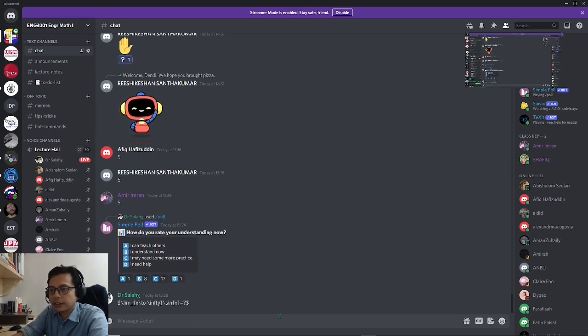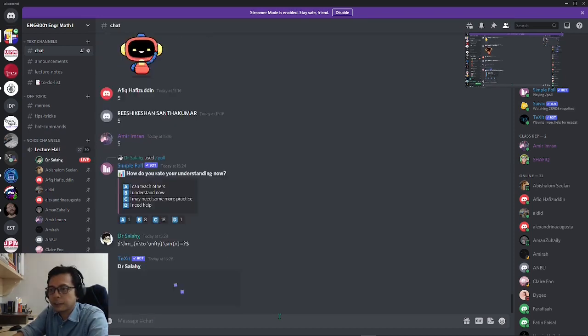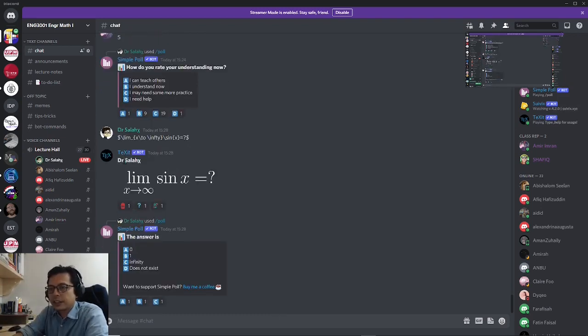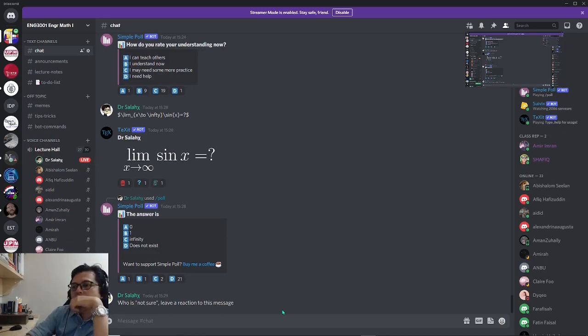So this is the question. What do you think it is? Given the function sine of x, what's the limit of the function as x approaches infinity? Who is not sure, leave a reaction here.